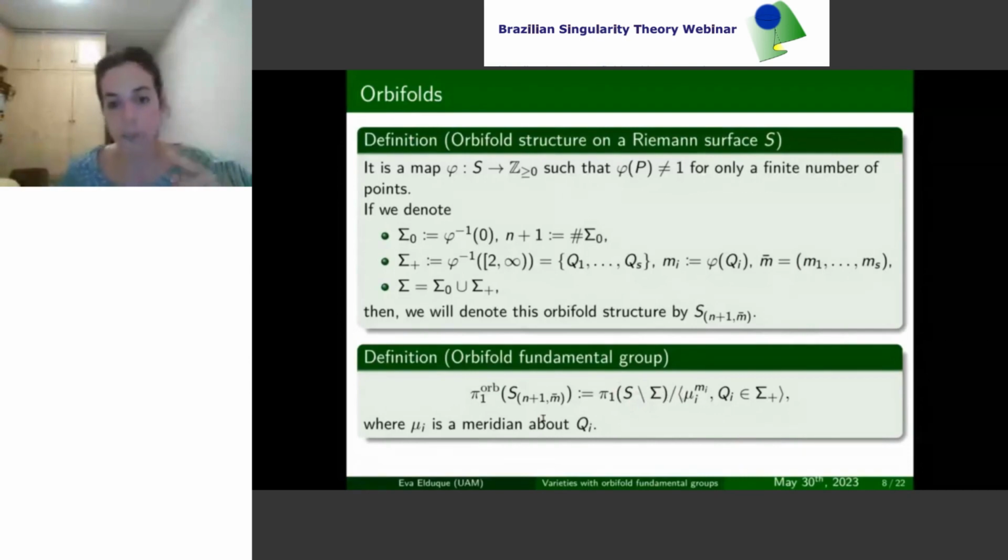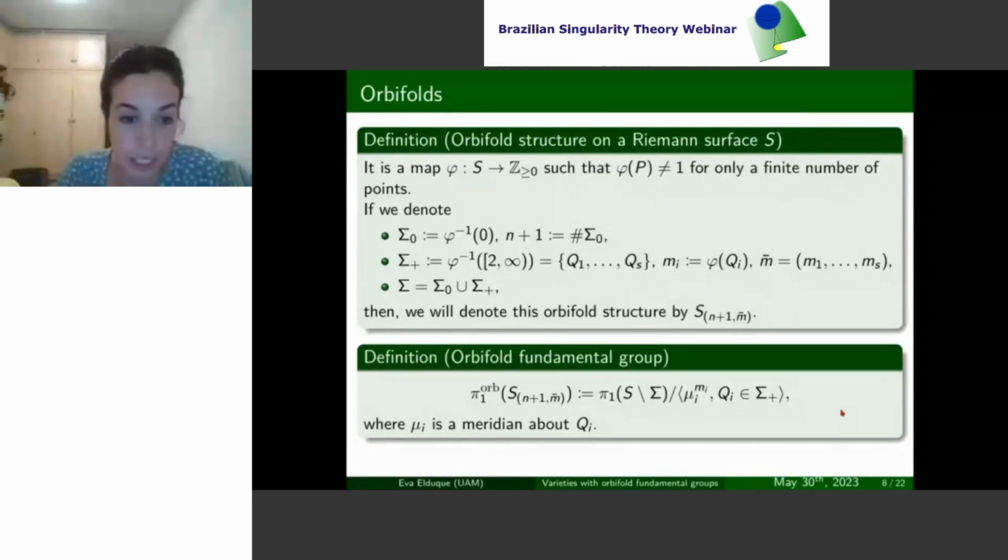And then you're going to have loops in that fundamental group that go around the special points. And those that go around the points that have multiplicity higher or equal than 2, you're going to need to go around them as many times as the multiplicity of that point to make the loop trivial. So this is how the orbifold fundamental group is defined for Riemann surfaces.